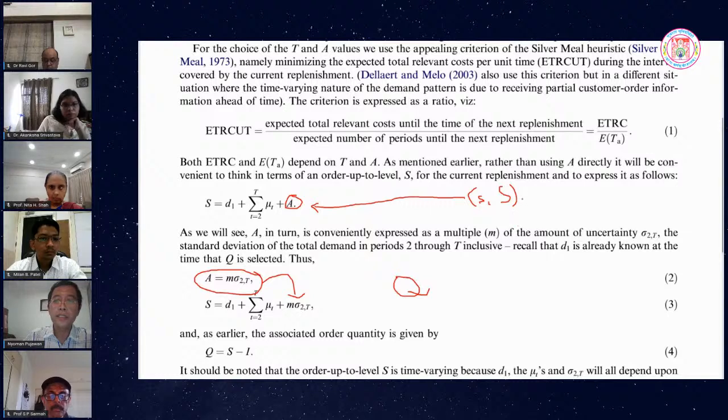Just a reminder, because some of you probably are not familiar with (s, S), when your inventory drops to small s or lower, what you need is to order to bring your inventory position back to capital S. So now your order quantity is equal to capital S minus the inventory that you have at the point you are ordering. So that is capital S minus I.